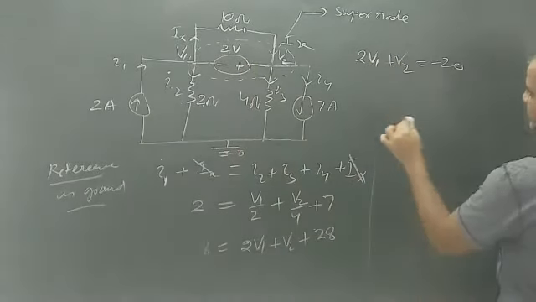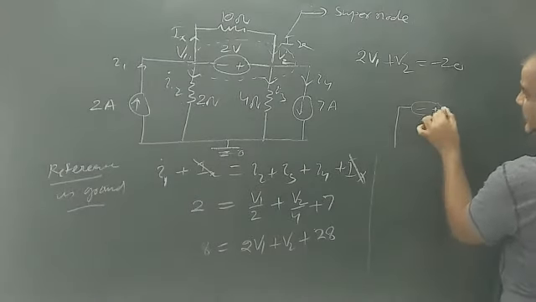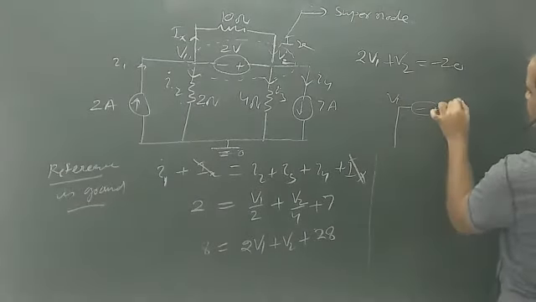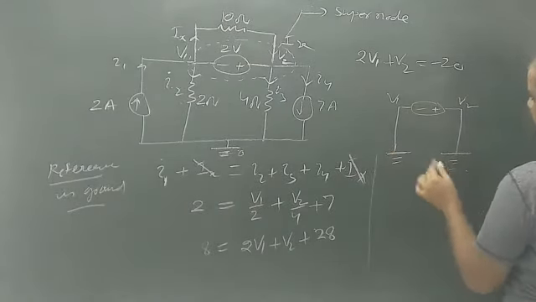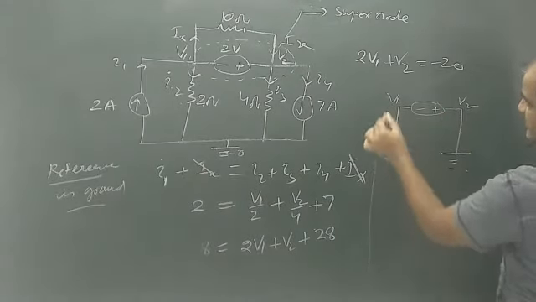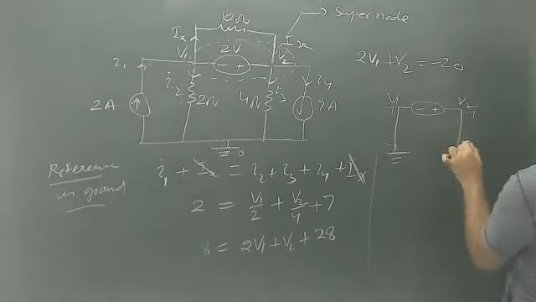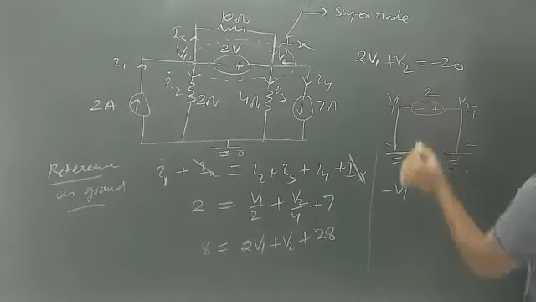Okay, so if you can see this one, minus plus, and this is your circuit. Here is v1, here is v2, and this is the ground. So you can apply KCL. This is plus, this is minus, this is plus, this is minus. So this is minus v1, and this is 2 volts.